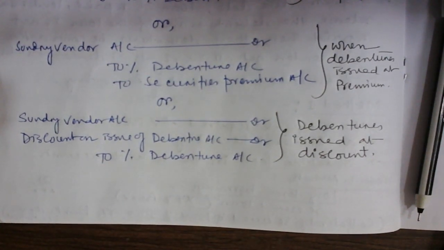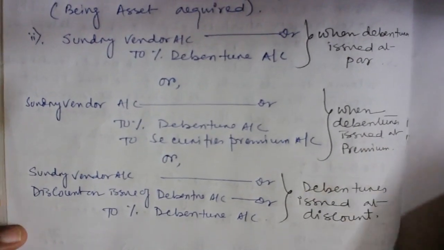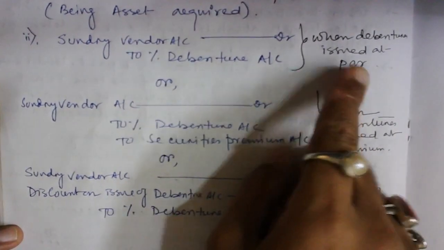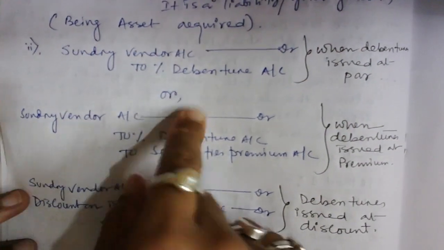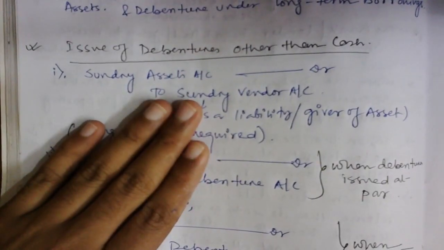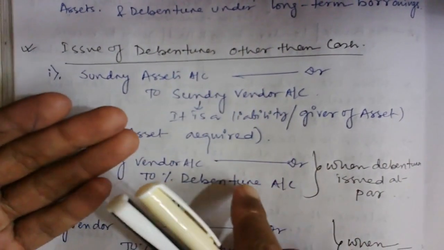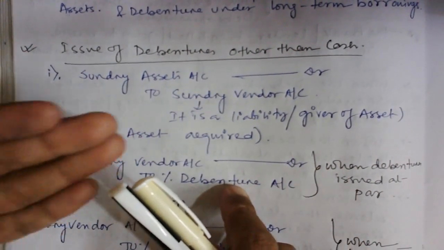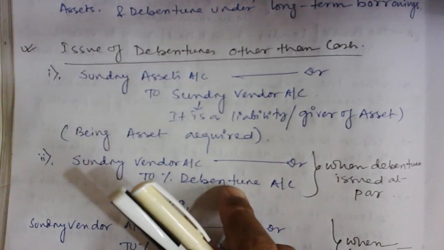That is done. Now see, it's quite easy for us to understand these three aspects. When issued at par, sundry vendor to debenture. The first entry we know, sir: asset account debit to vendor. It's like a credit purchase of asset, asset account debit to creditor account.